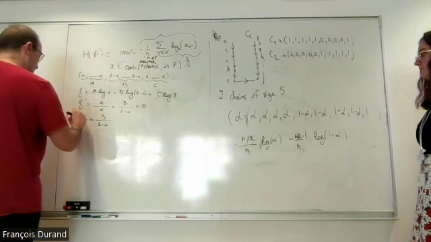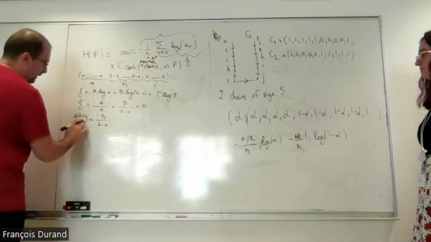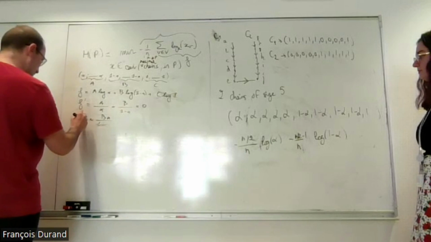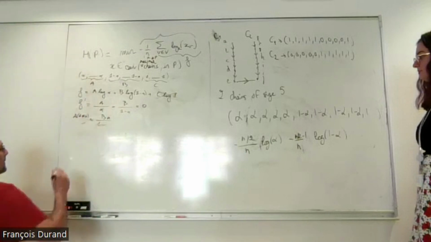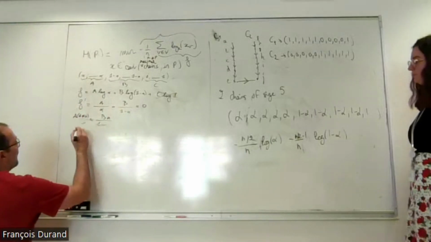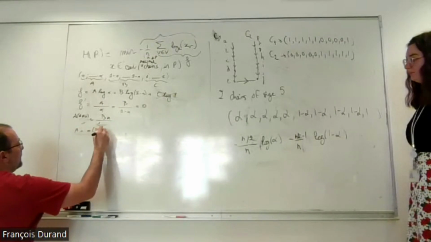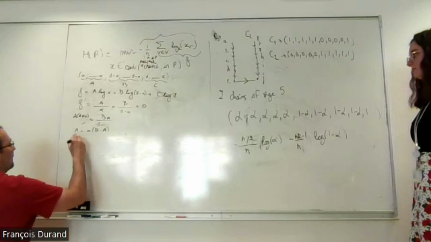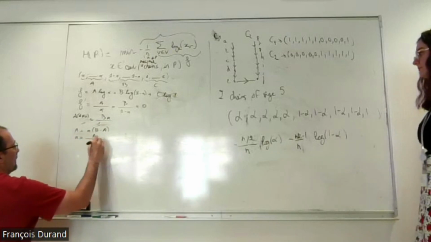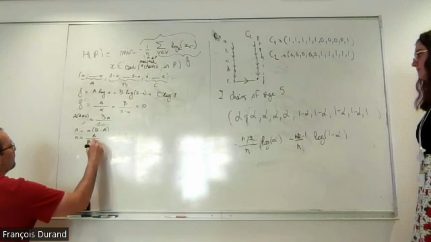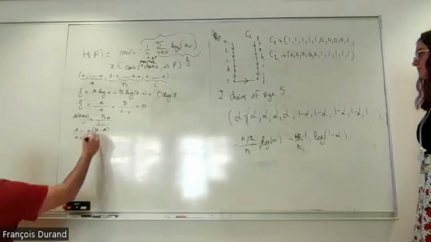So a times 1 minus alpha is equal to b times alpha. And then a is equal to alpha times b plus a, and then alpha is equal to a over a plus b, probably.